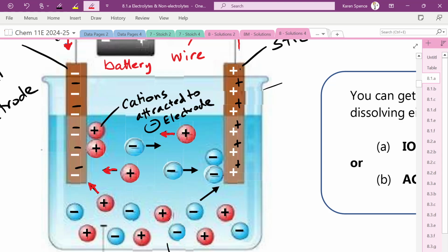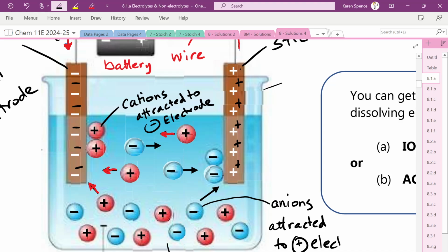Now, what about our negative ions? What do they do? Yeah, our anions are attracted to the positive electrode. So we have completed the circuit.